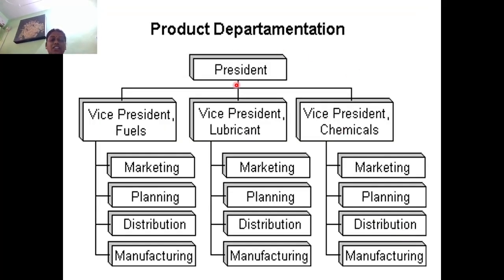Next, under product departmentalization, how does the chain of command work? The president has a vice president for fuels, a vice president for lubricants, and a vice president for chemicals. Under fuels, you have marketing, finance, planning, distribution, and manufacturing. Under lubricants, you have a separate head, with marketing, planning, distribution, and manufacturing. Under the vice president for chemicals, you have marketing, planning, distribution, and manufacturing.